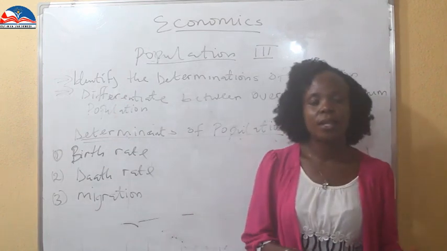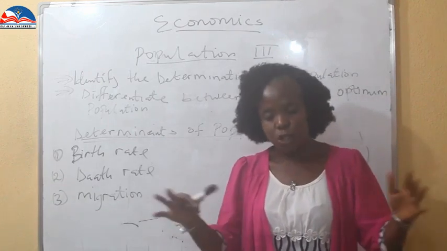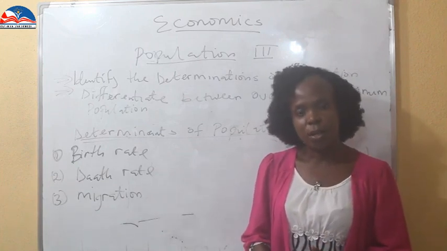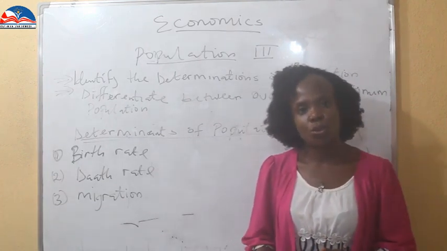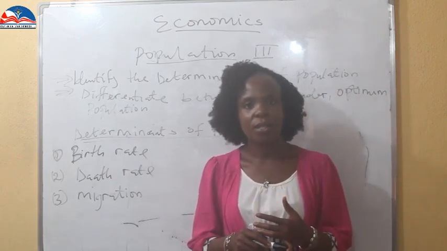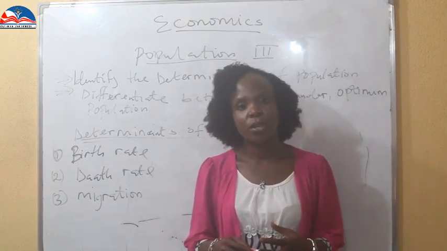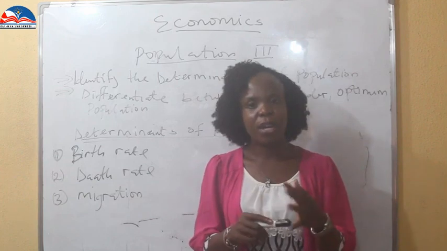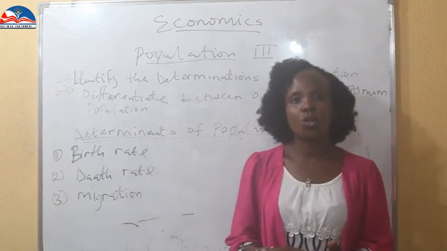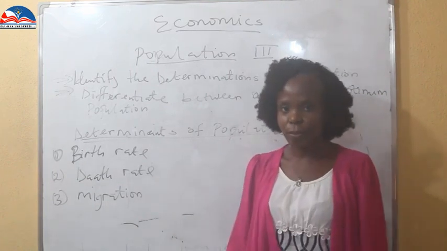What are the things that determine the population of a country, of a geographical region, of a community? There are 3 determinants to population: the birth rate, the death rate, and the migration rate. The birth rate has to do with the number of children that are born over time.